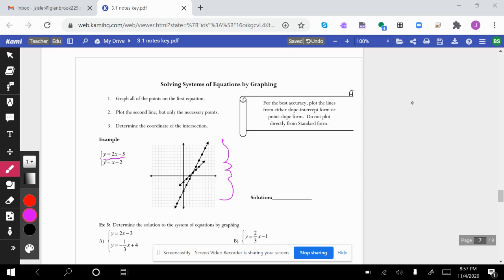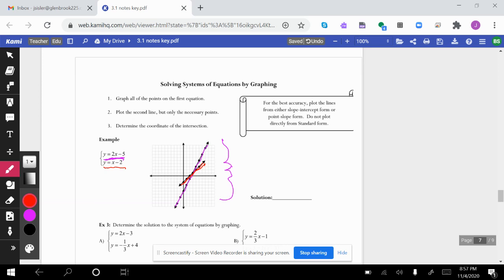So we graphed our points of 2x - 5, which is this line here. And I know that just by looking because my y-intercept is -5. And then my second equation is x - 2, which is right here. And again, I know that because my y-intercept is -2.